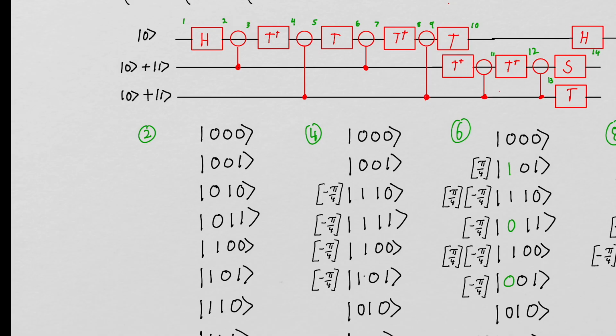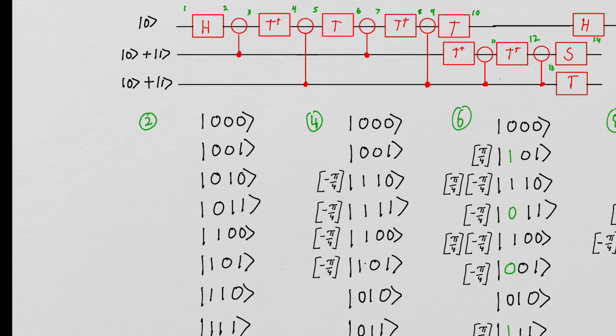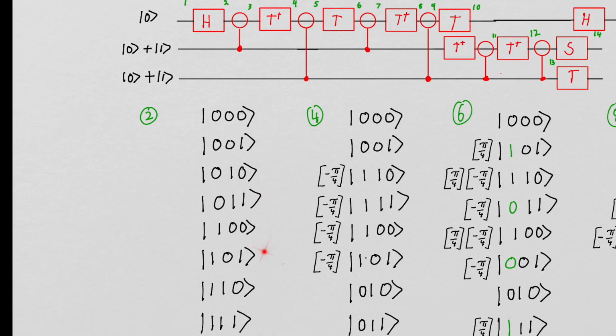Now state three is a C naught gate, and it flips the target bit, which is bit number one, and the conditional bit is bit number two. Well, all we have to do now is look at all of the states, and all of the states that have bit number two with a one in it, those states we flip the first qubit, right? So this one has bit number two as a zero, so nothing happens to this state. Bit number two is a zero, nothing happens to this state.